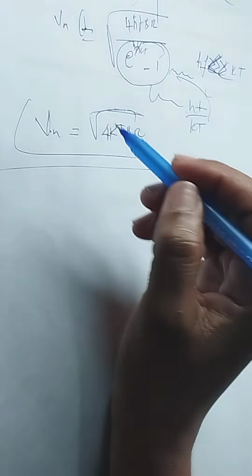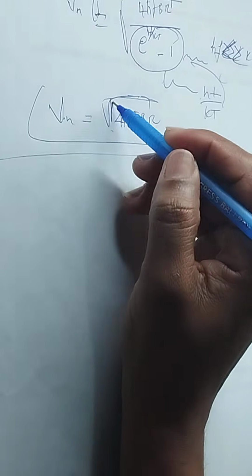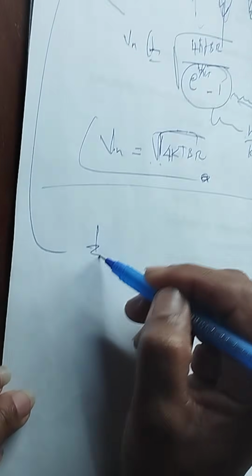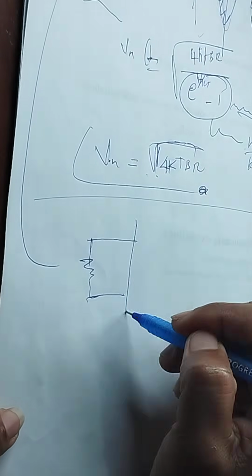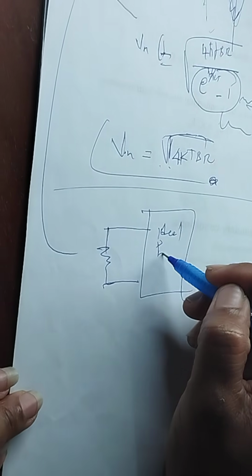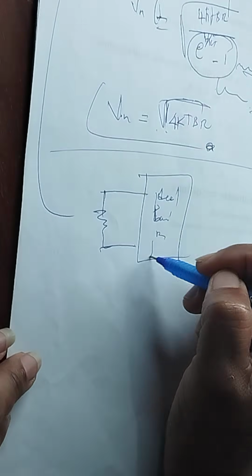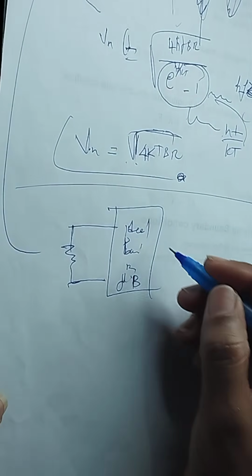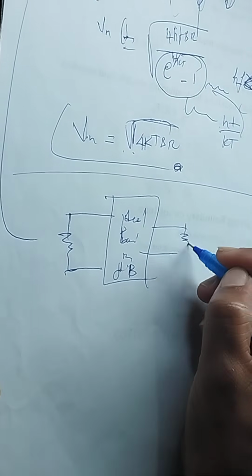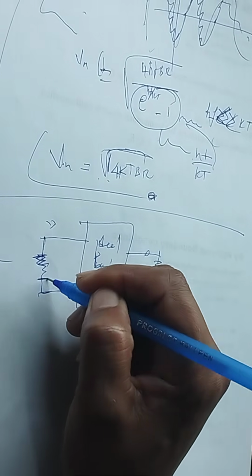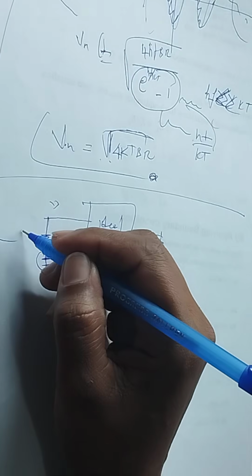Now if you replace this circuit by its Thevenin equivalent, with an ideal bandpass filter, meaning we have a bandwidth. Here we have the output, here we have the resistor R and a voltage Vn.